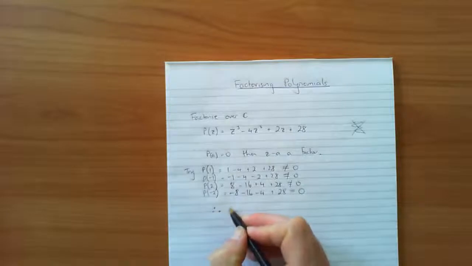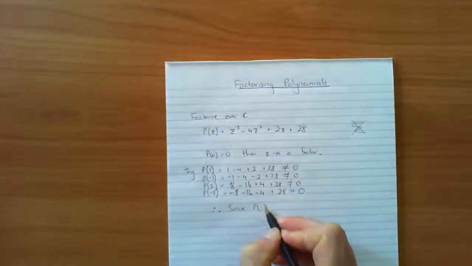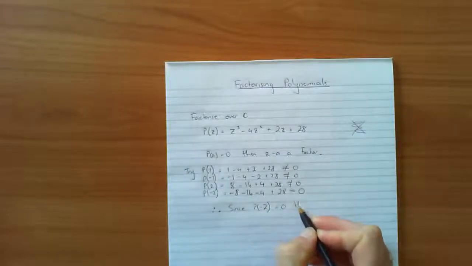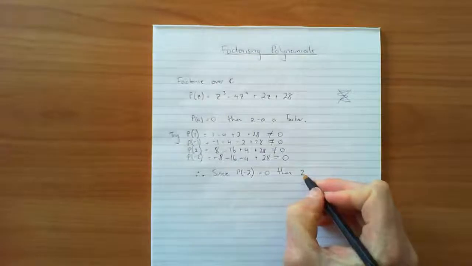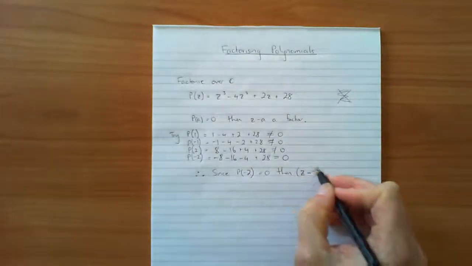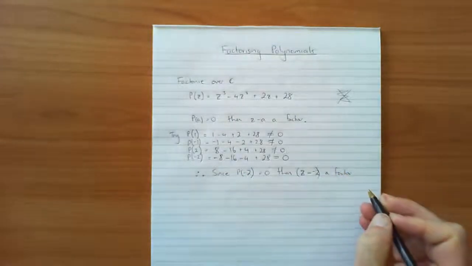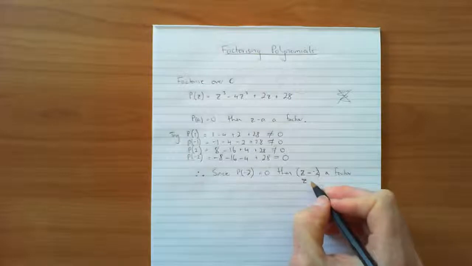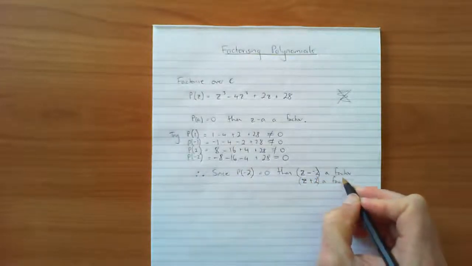Therefore, since p of negative 2 equals 0, then z minus negative 2 is a factor, or that is, z plus 2 is a factor.